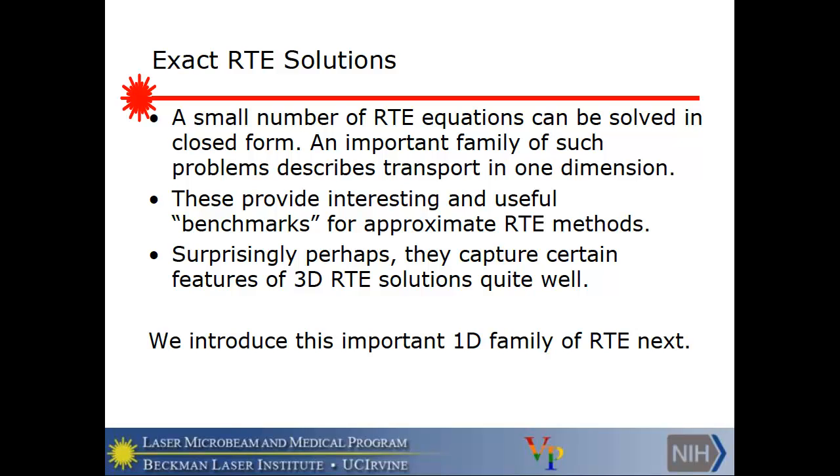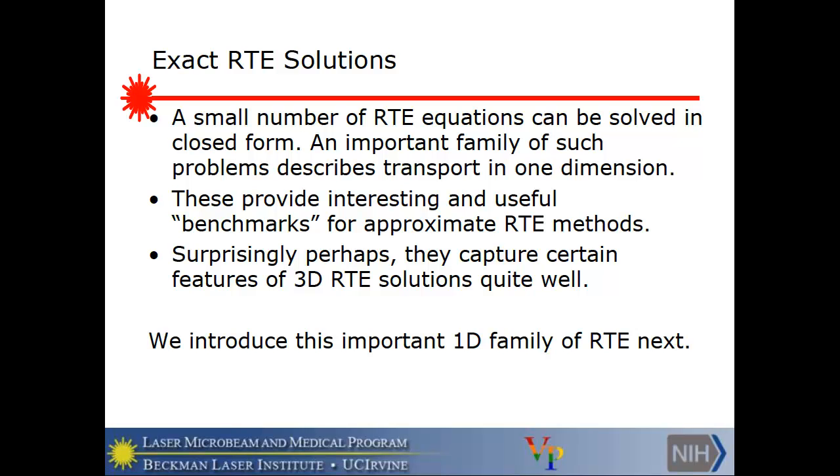Okay, so there is a small number of equations in RTE that can be solved in closed form, and each one of them is really important because there are so few of them, and they're very good as benchmarks for approximate RTE methods or for validating the Monte Carlo code you've written.